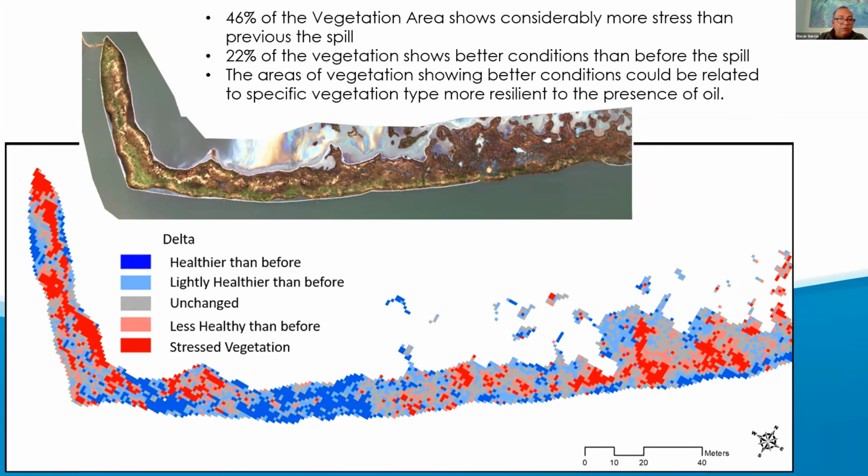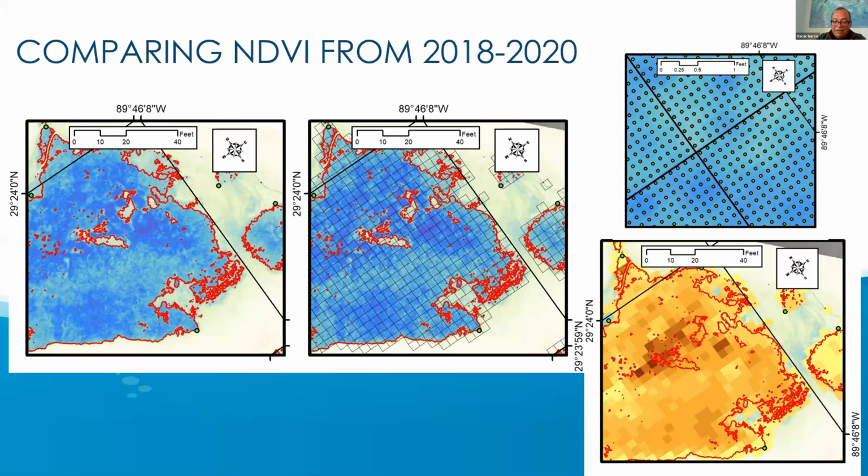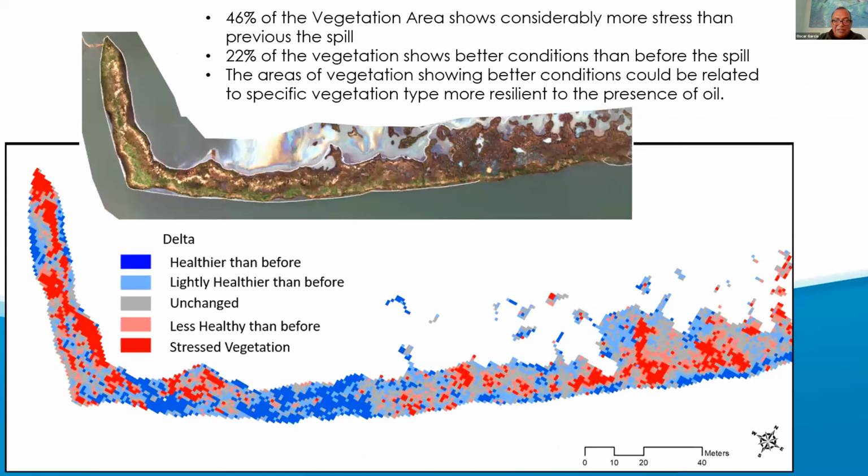So we went back, took these maps, and subtracted one from the other. Where you have negative indexes, there is more stress, and where you have positive indexes, the areas are healthier than before. At the beginning it didn't make sense to me how vegetation could be healthier, but a colleague, Dan, suggested that vegetation that is relatively more resilient to the presence of oil will take advantage of other vegetation that is dying and extend over the area.